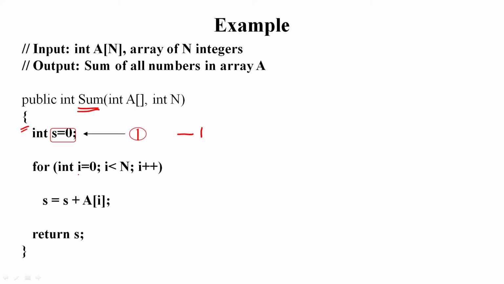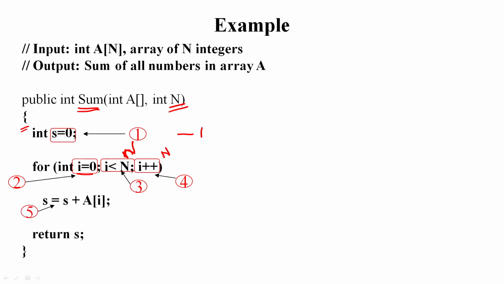And inside the for loop, i equal to 0 is the second primitive operation, which is also executed only once. Then the third primitive operation, the comparison of the i value and the n value, will execute n times. Then i plus plus is the fourth primitive operation, which also runs n times.